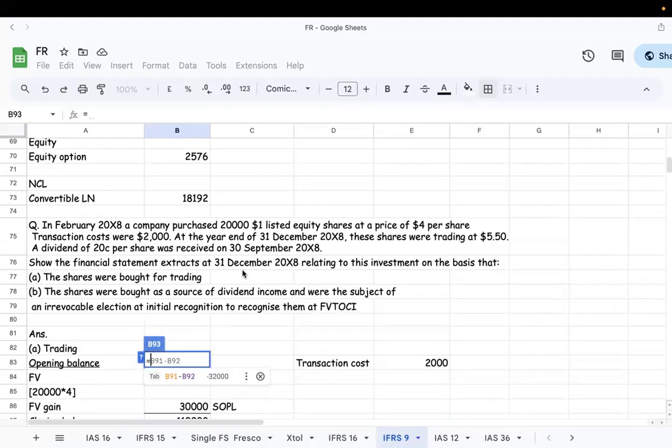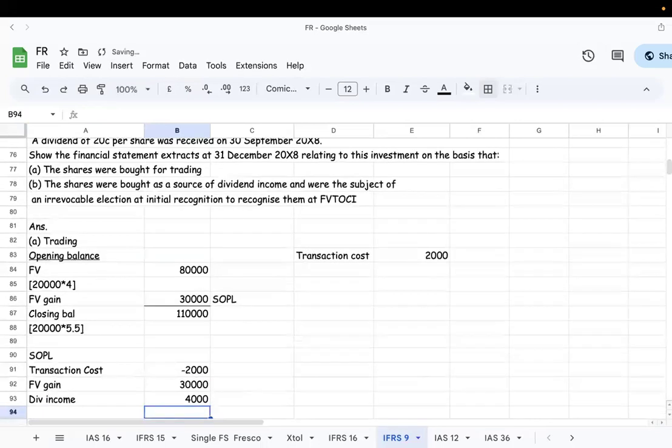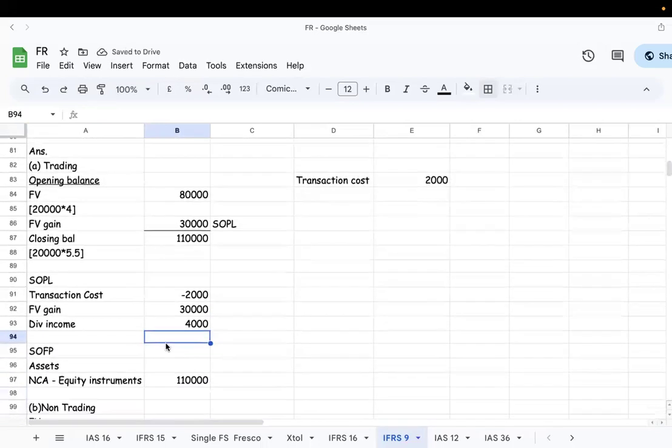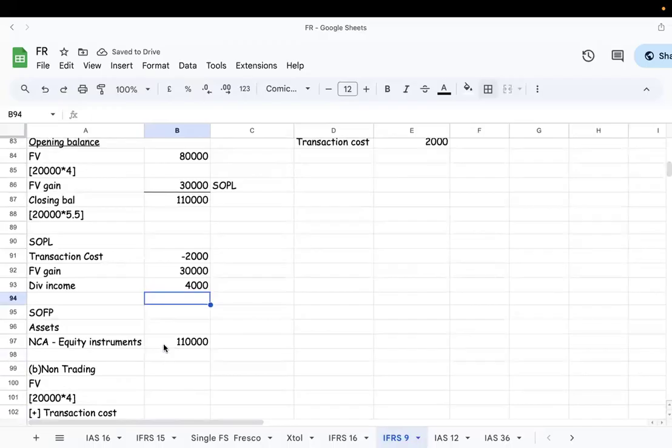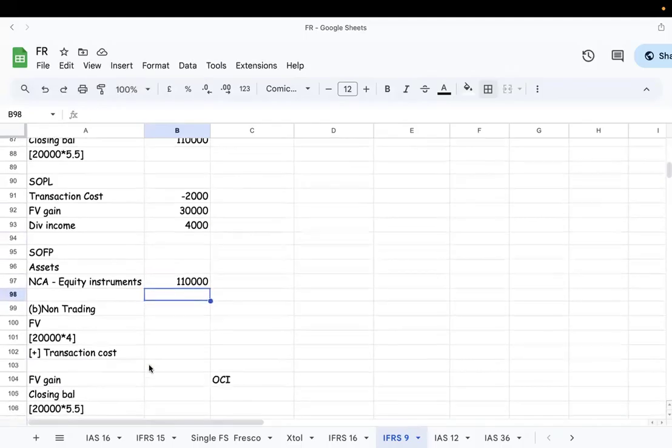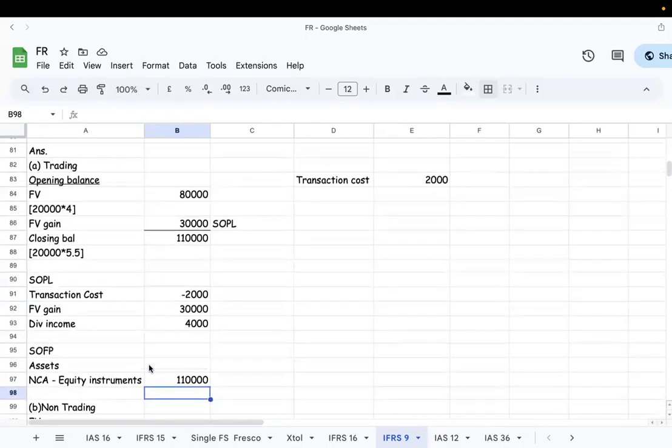The dividend income is 20 cents per share, as in 0.2 pounds, so 20,000 into 0.2. Under equity instruments, you're going to take the last value that you have calculated, the closing balance.